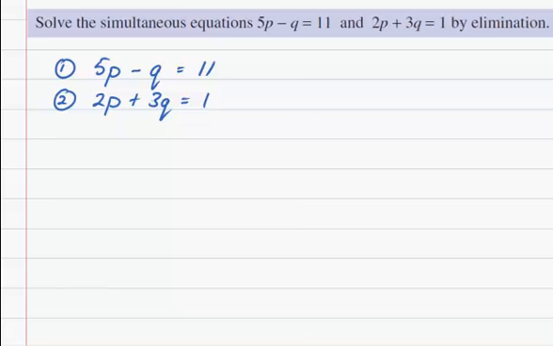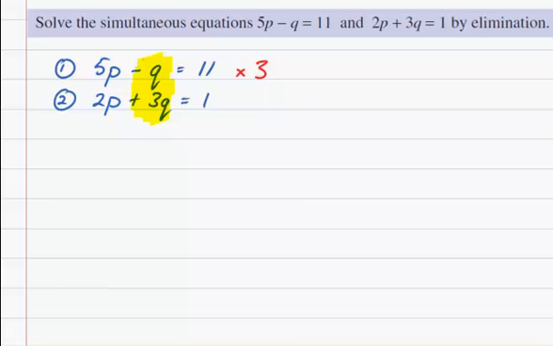We've got to do something to one of those equations so that we get the same coefficient for one of the letters. Looking at that, I think it's going to be easiest to make the coefficient of q the same. I can do that by multiplying my first equation, all of it, by 3.